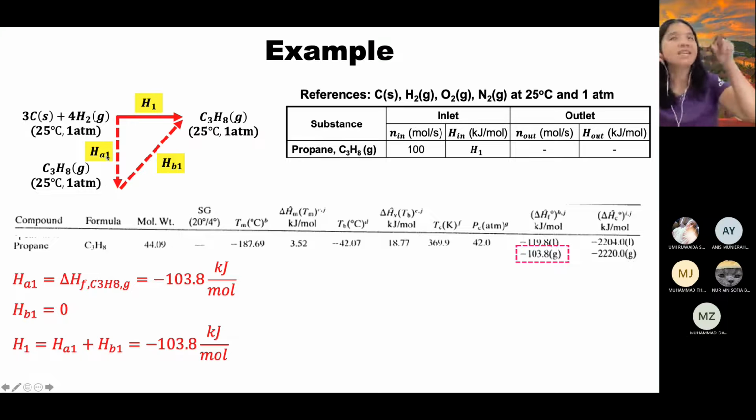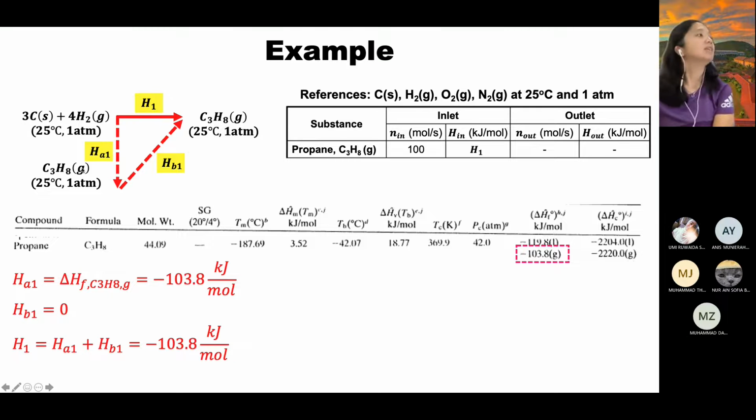In the working path, the first step must be to form the substance, then we calculate the other changes. The heat of formation of propane is negative 103.8. So HA1 is negative 103.8.